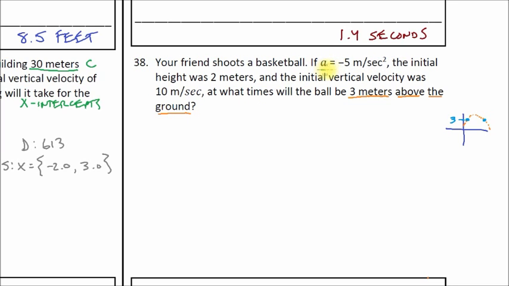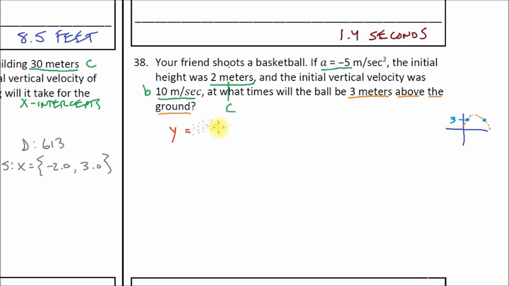Well, here's our a value. The initial height was 2 meters. Sorry, initial height is our c value. And our vertical velocity, our initial velocity, is our b value. So our equation is going to look like this.